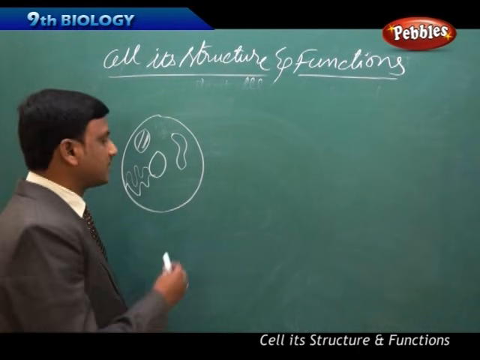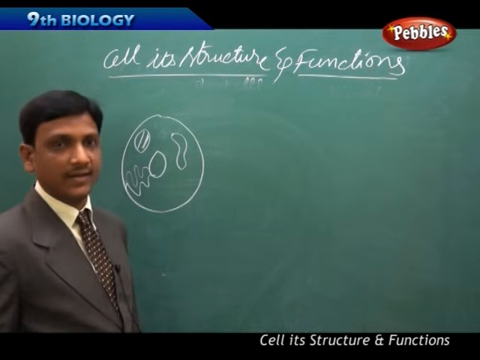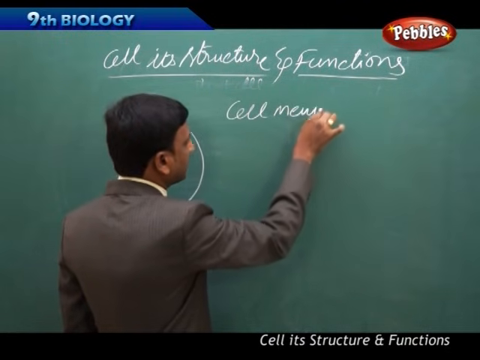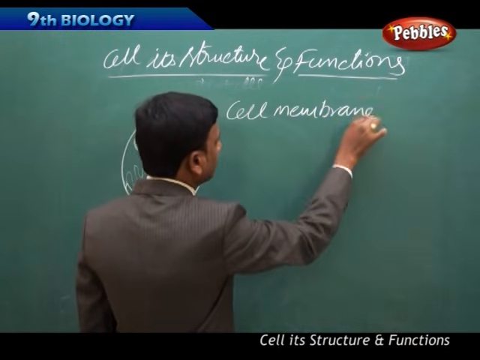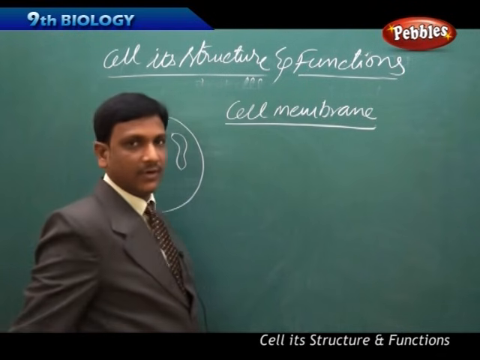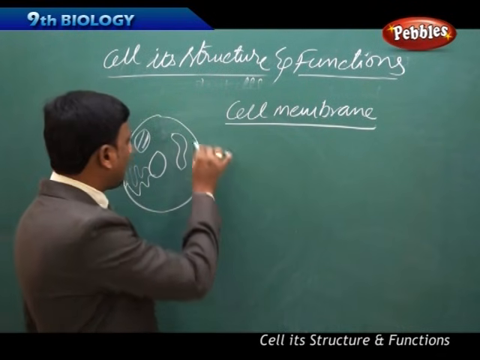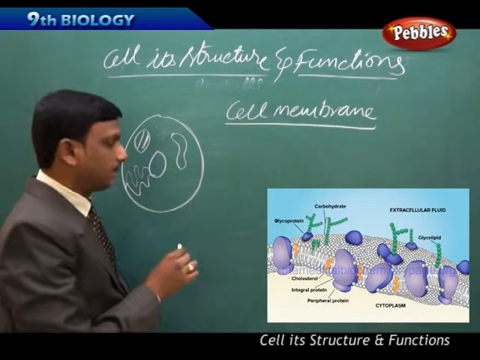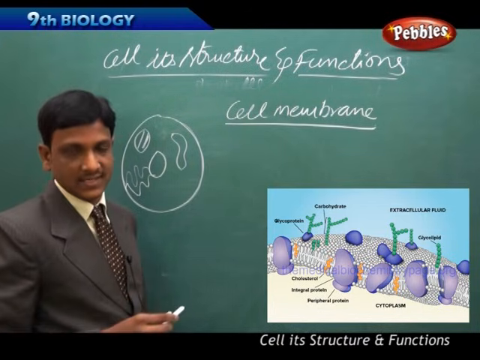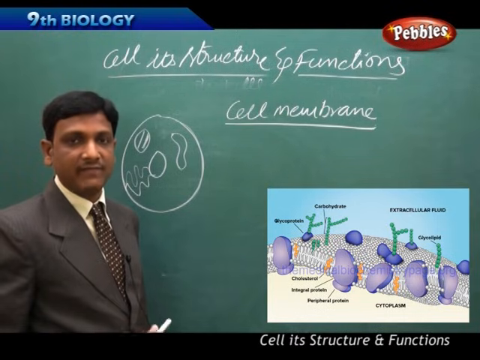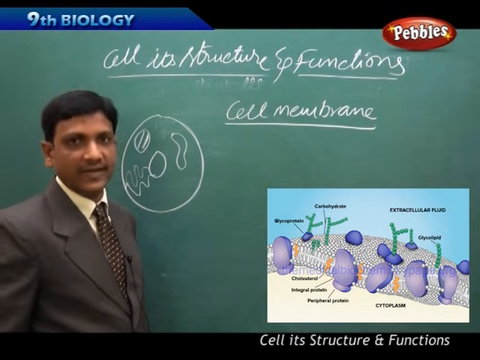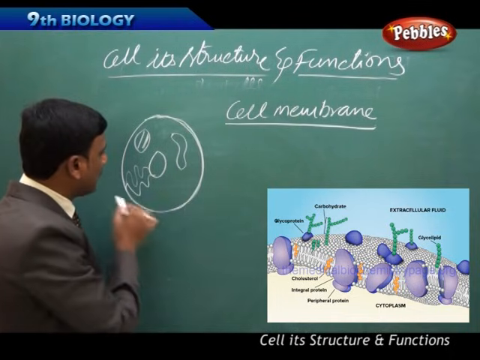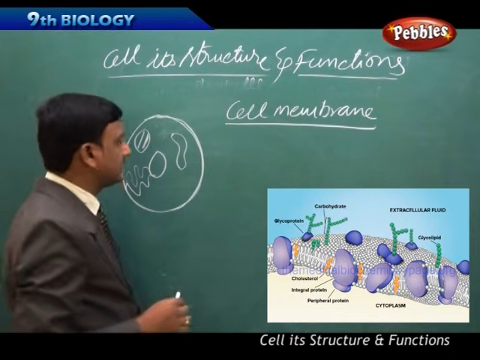Now we are going to study the organelles of a cell. First we are going to learn about the cell membrane. The cell membrane is the outer covering of a cell. It is found in both plant cells as well as animal cells. But plant cells have an additional covering, the cell wall, whereas animal cells have only the cell membrane.